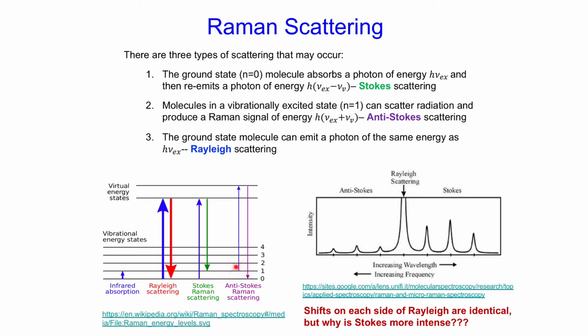So the total number of molecules that are even in this state to get excited are much fewer than the molecules that we have in our ground state available to be excited in our Stokes. So it's really just a matter of the populations of our starting points here. That's why our Stokes is much more intense than the anti-Stokes spectrum.